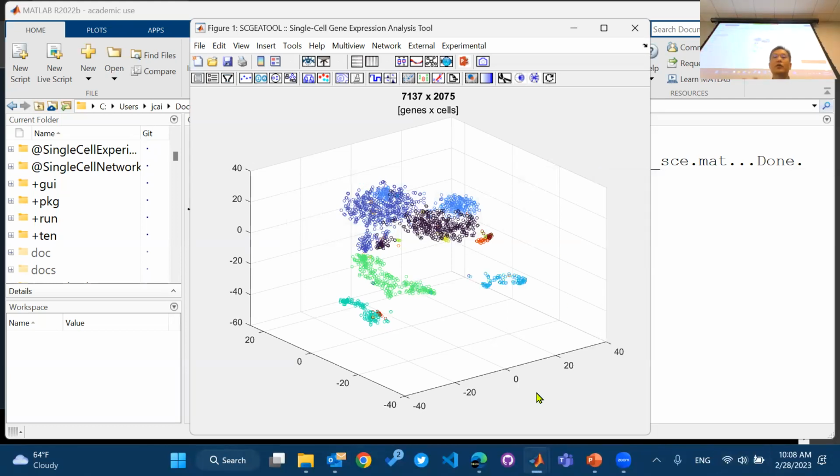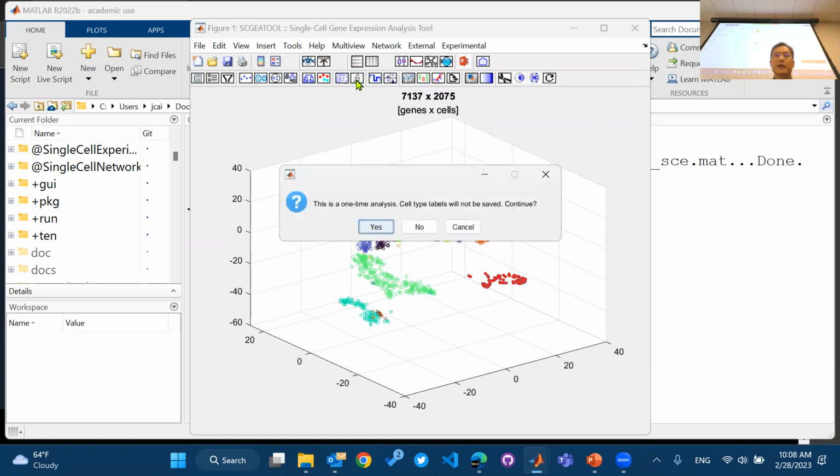Okay, so you know this, right? You can automatically annotate the cell type if you have clusters. We have done clustering already, and this will assign each cluster an ID of cell type. You can also do it manually by selecting, for example, this cluster, and then you click this. This gives you an indication that this is a one-time analysis. You will not record any assignment to the data.